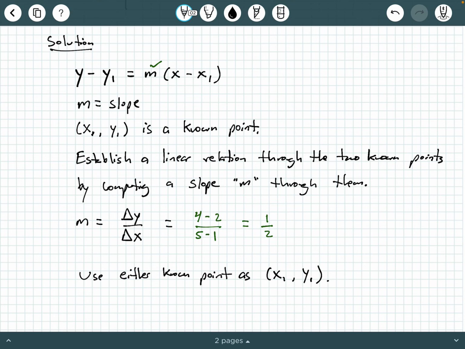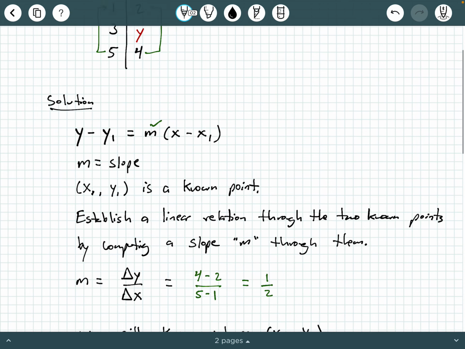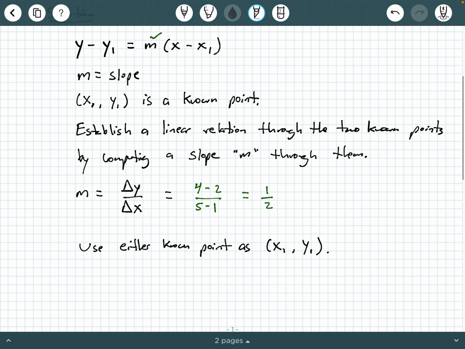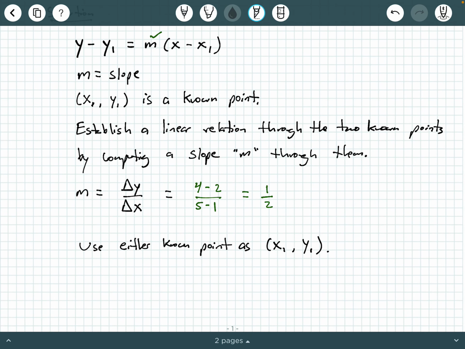I'm going to use (1, 2) as my x1 and y1. Again, I suggest on your own time use (5, 4), and you'll see you get the same result for this unknown red y value.